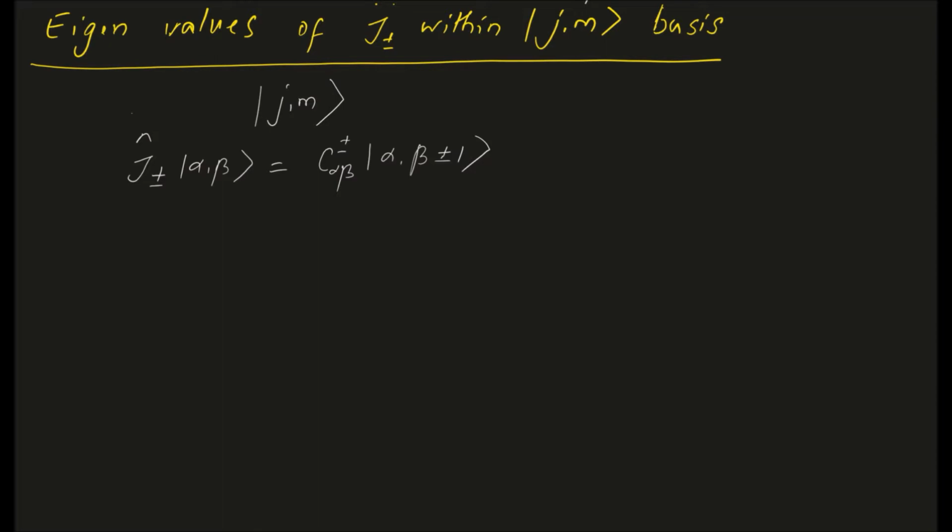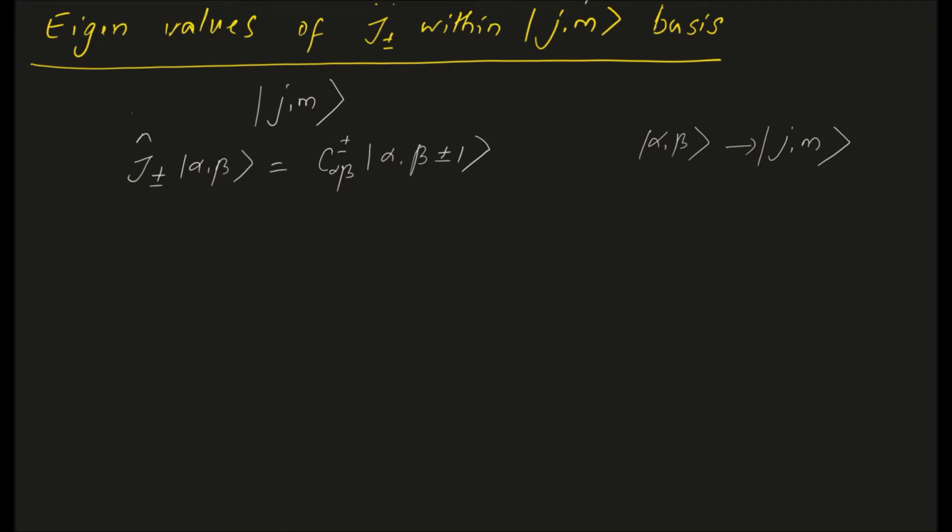Within the Jm basis, we converted this alpha beta basis into the basis with the quantum numbers j and m.